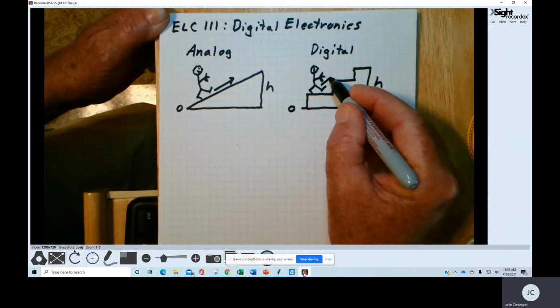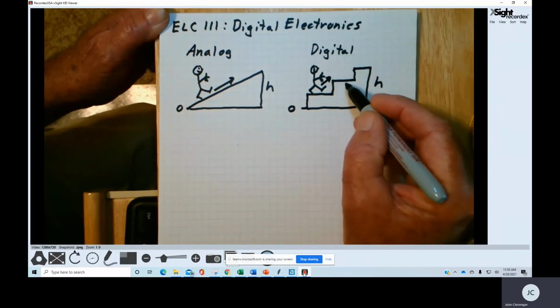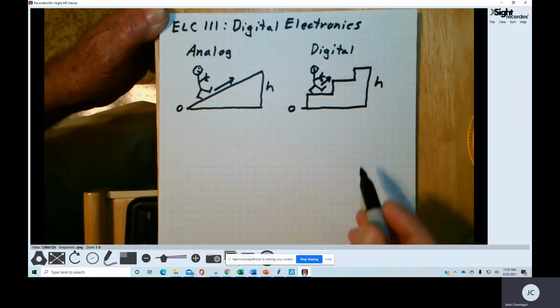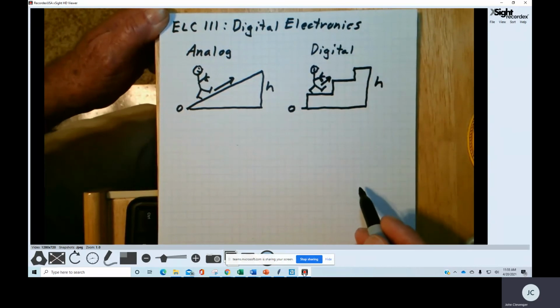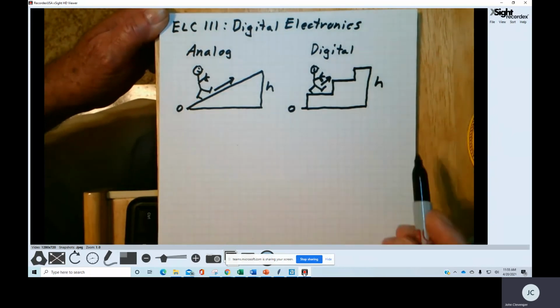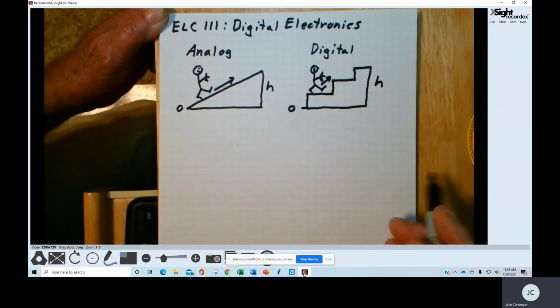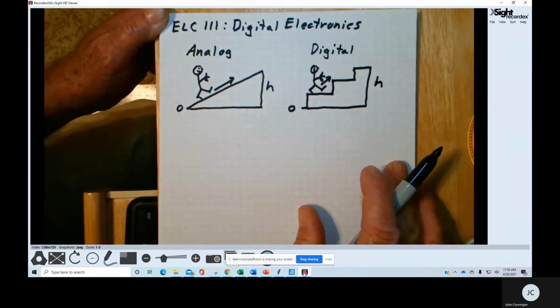If they move up the stairs, they are either at step 1 or at step 2 or step 3. So a digital system has discrete values or discrete levels, whereas an analog system can be any value between the limits 0 and, for this example, the height h.